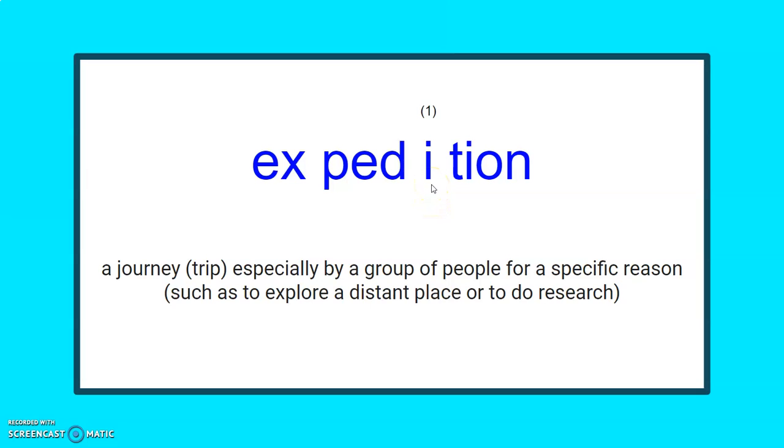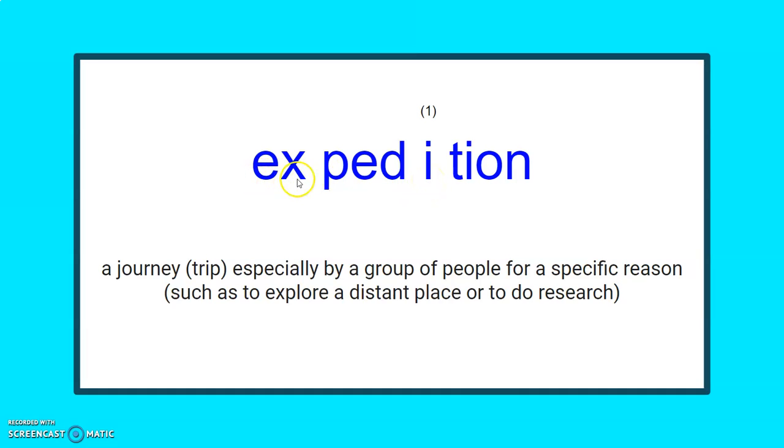This word is derived, or it came from and is related to another word. And in the other word, expedite, I would say it's a long I sound. But as it's derived into this word, put into specific sentences where it needs to mean something slightly different, that I becomes short.